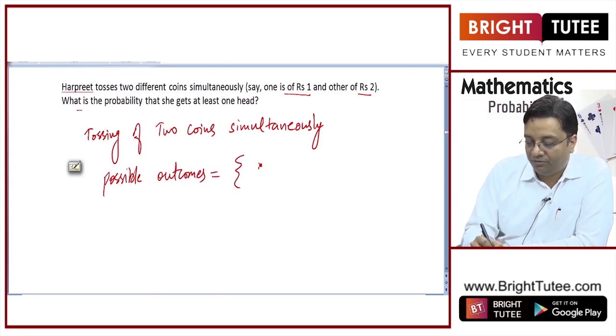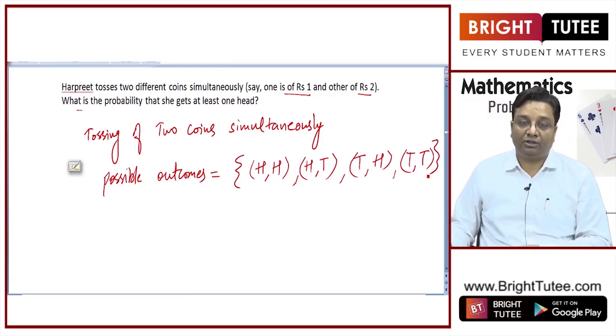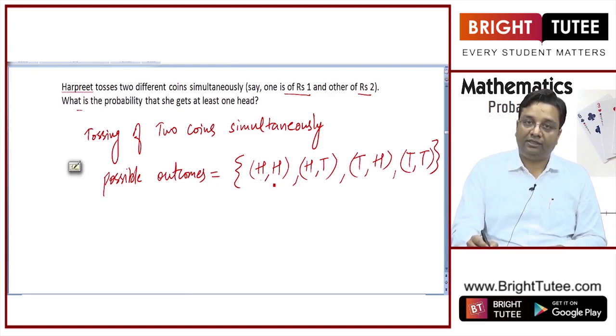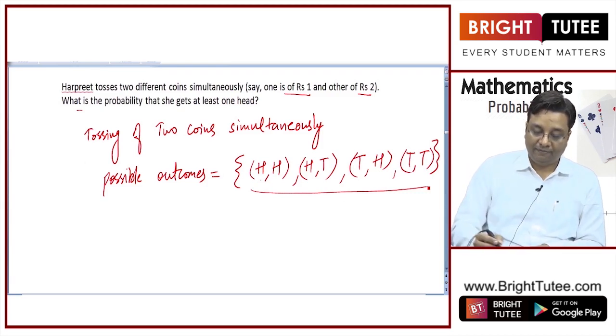What are the possible outcomes? First coin head, second head; first head, second tail; first tail, second head; first tail, second tail. These are the possible outcomes, right? First coin shows you head, second shows you head.